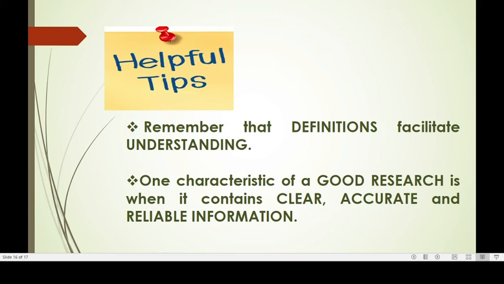This specifically applies to writing a research, which is one of your expected outputs as grade 10 students. One characteristic of a good research is when it contains information which is clear, accurate, and reliable. This could be initially achieved by constructing a well-defined definition of terms.